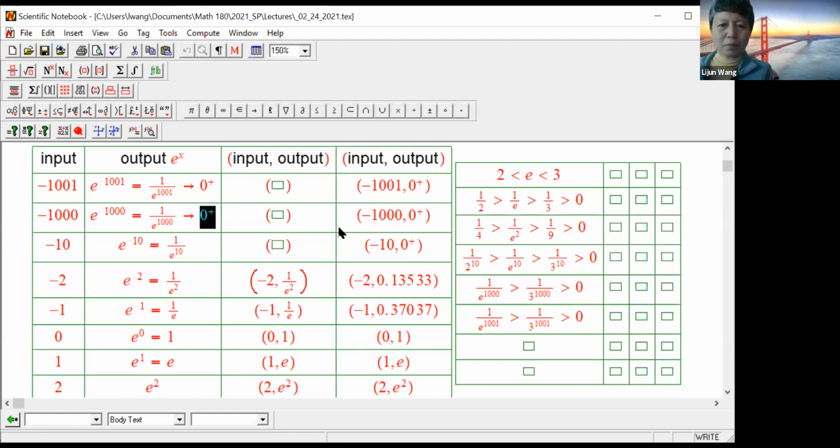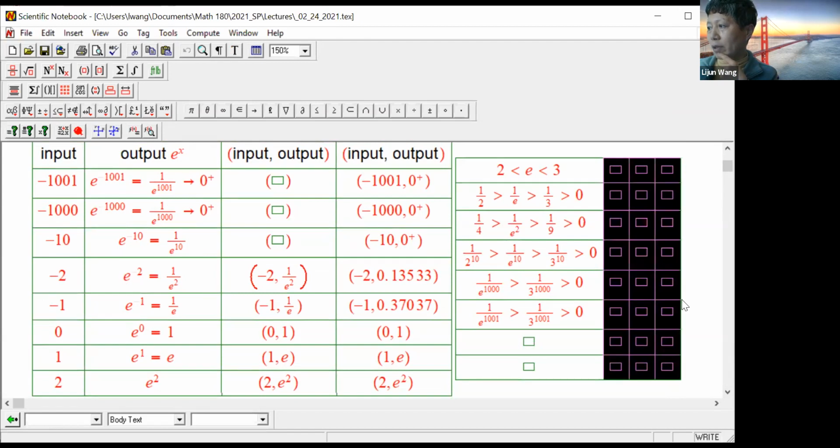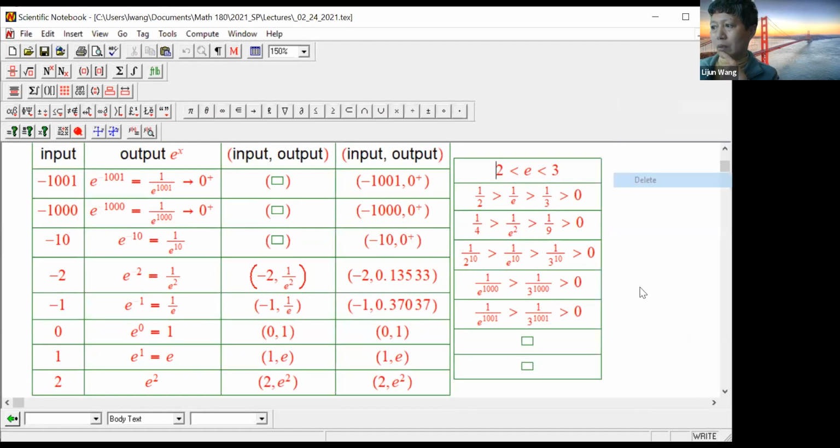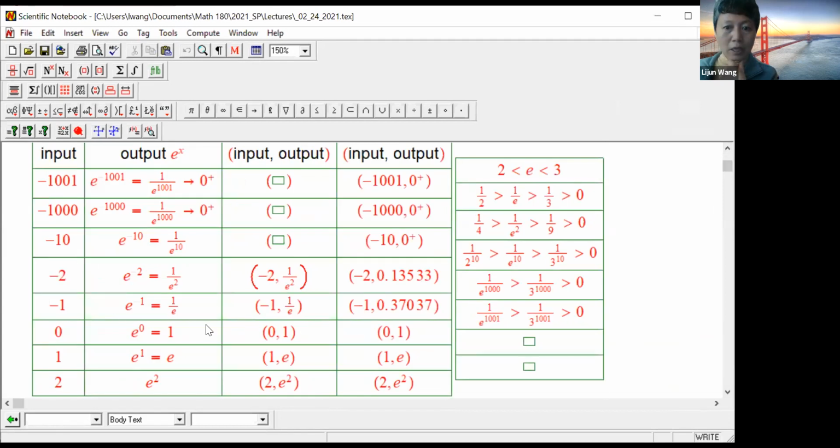We're not going to plot these points because they are so close to the x-axis, but now we can imagine them. They're way over there. So these are the practice. Are we ready to plot our points? How about e squared?